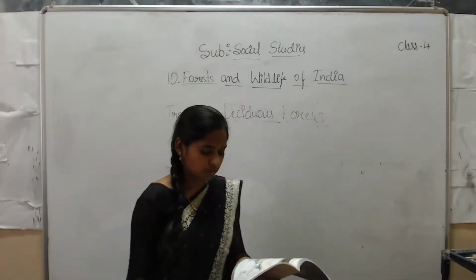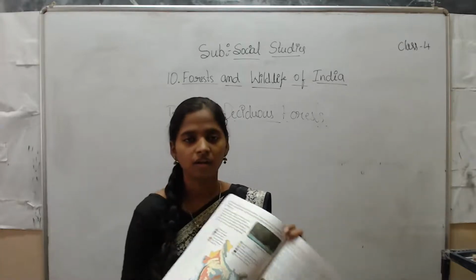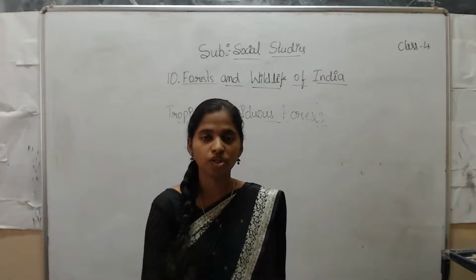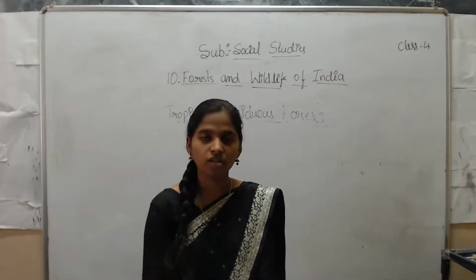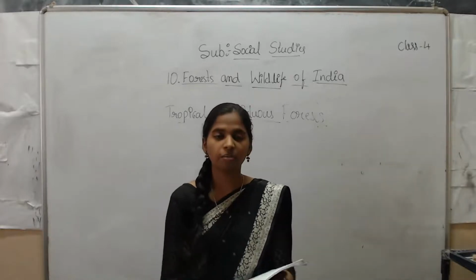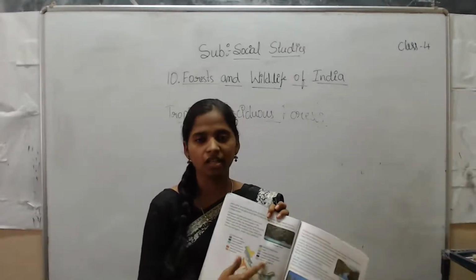Yes, on your page number 17, there is also a map which tells about the natural vegetation of India. Each and every forest, the different kinds of sub-forest, are mentioned here with different colors as usual.